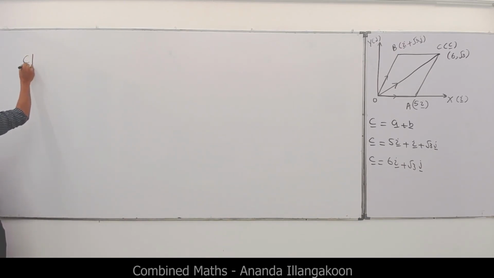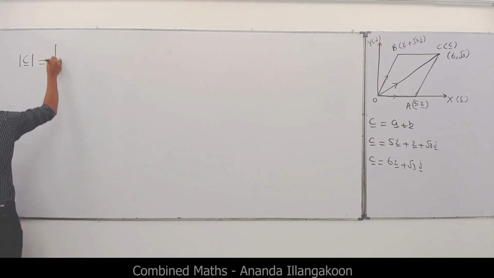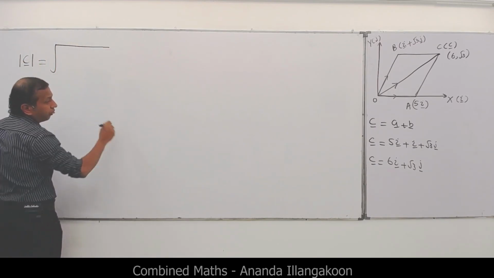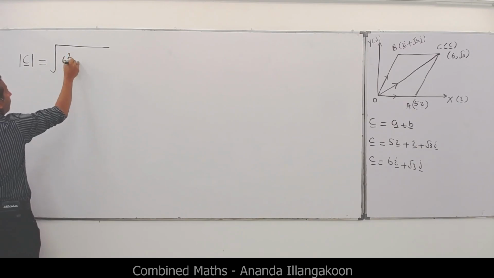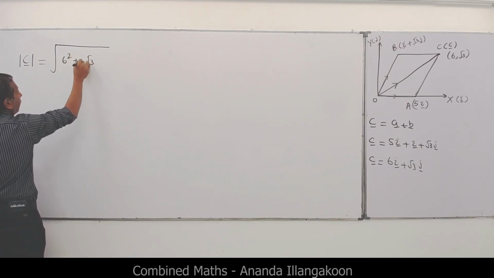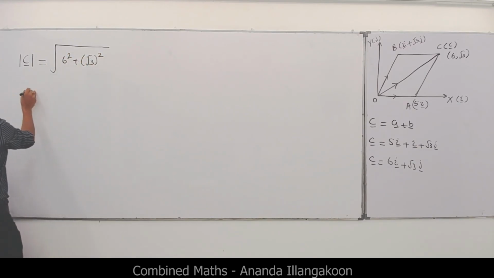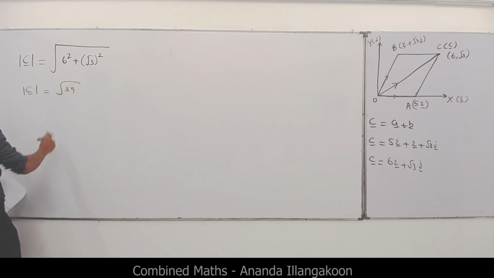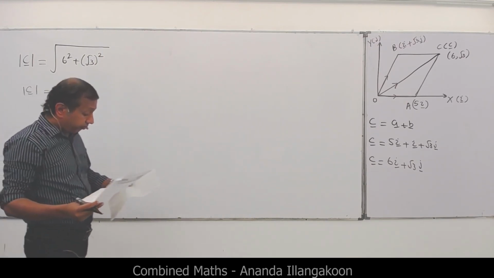Mod C is going to be the square root of i coefficient squared, 6 squared, j coefficient squared, root 3 squared. Then mod C is going to be root 39. Okay. That we found.